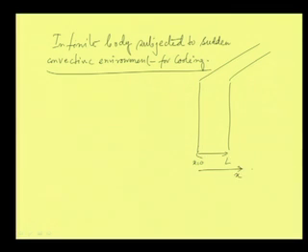So, this is the infinite body. The thickness of this infinite body is L, and we are concentrating on one dimensional heat transfer, and the heat transfer will be along the x direction.